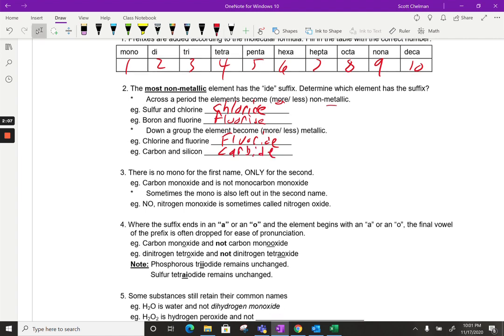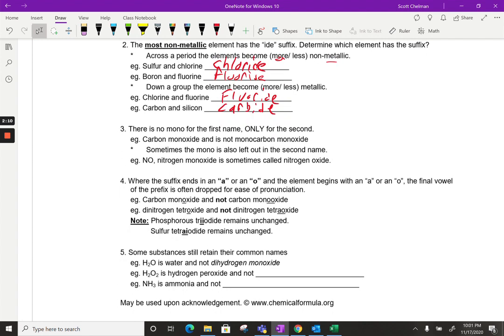All right, simple enough. Now, if you have the first element, there's no mono for the first name, if there's only one of them. If there's more than one, then you go ahead and use a prefix, but you don't use the mono prefix ever for the first element. And as is written here, it's carbon monoxide, not monocarbon monoxide.